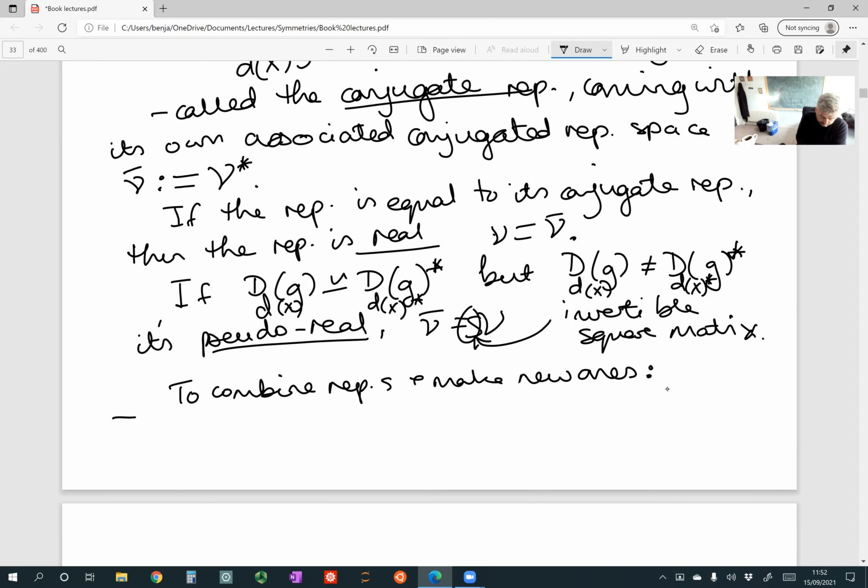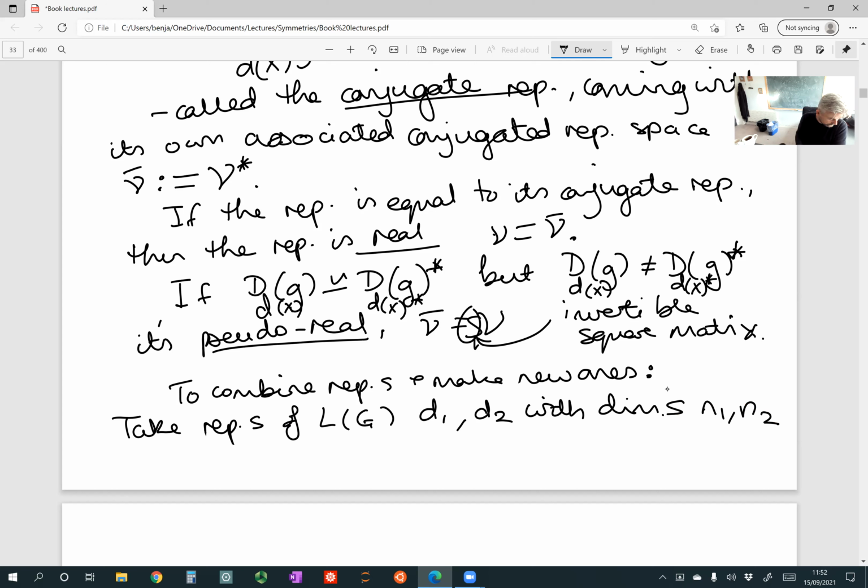Let's take representations of the Lie algebra. We'll call them D1 and D2 with dimensions N1 and N2 respectively, and representation spaces V1 and V2 respectively.